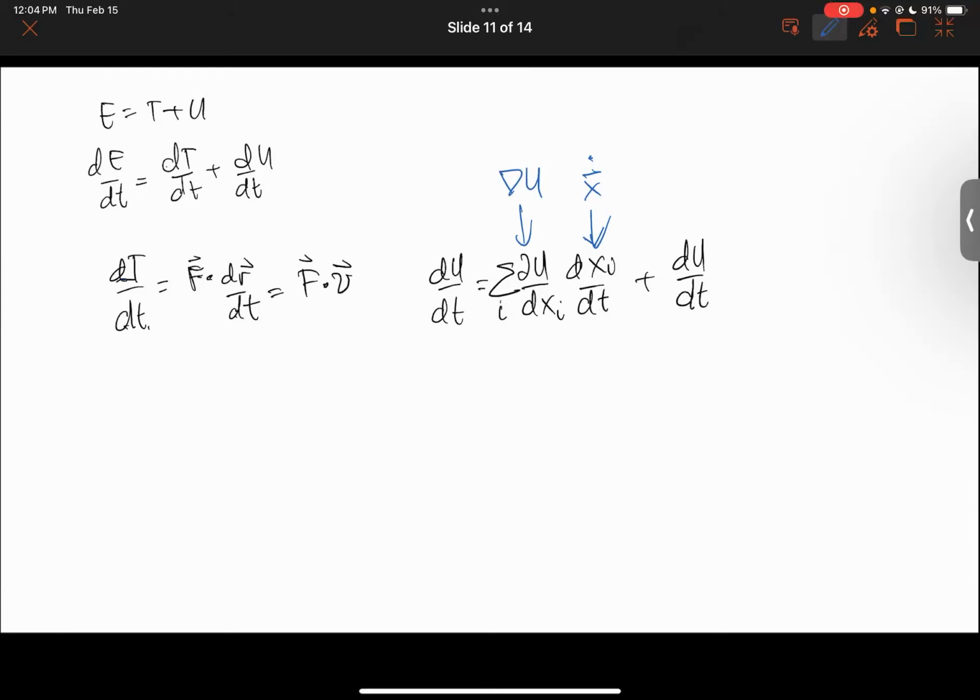So this becomes the gradient of u dotted to r dot plus dU/dt.